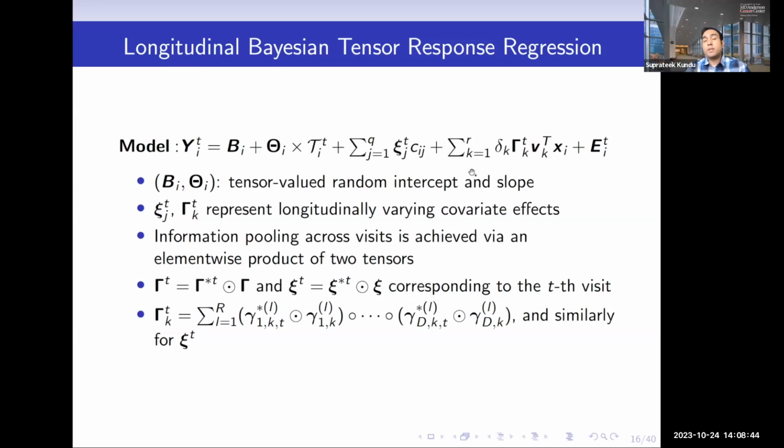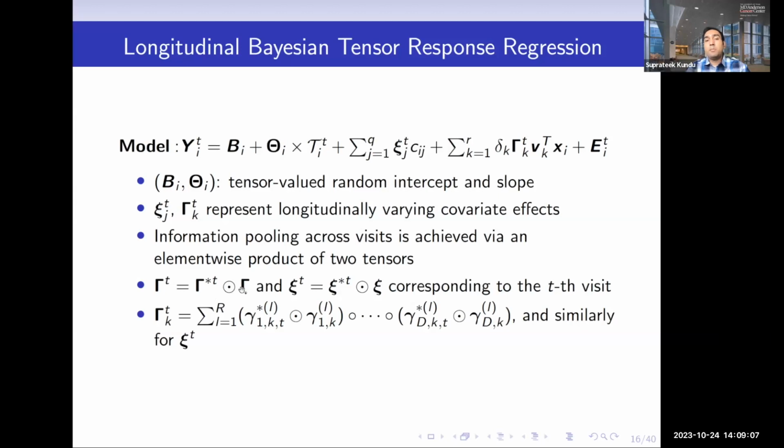So for the first one, how do we borrow information across visits? We essentially do, again, a type of decomposition, right? So for the tth visit, we write the tensor at the tth visit as an element-wise product of a core tensor gamma that doesn't change across visits, and a perturbation tensor at the tth visit, right?